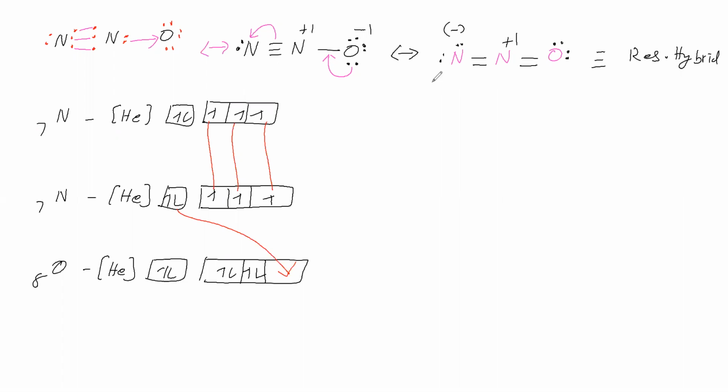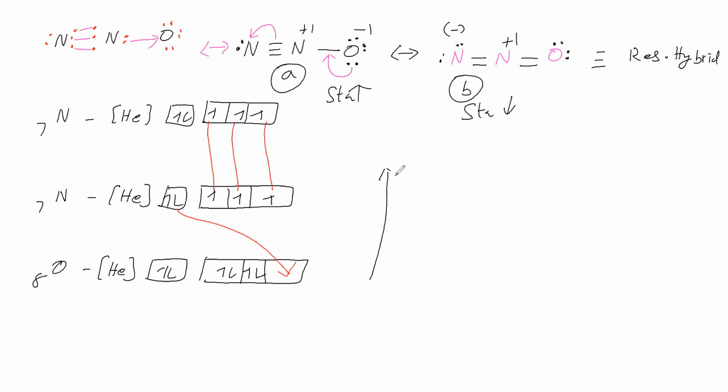Oxygen is having negative charge, therefore it is having higher stability when compared to the other resonance structure. Therefore resonance structure A is having higher stability, resonance structure B is having lesser stability. Resonance hybrid stability will always be greater than the stability of resonance structures.